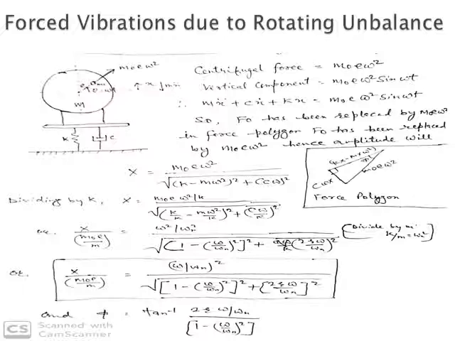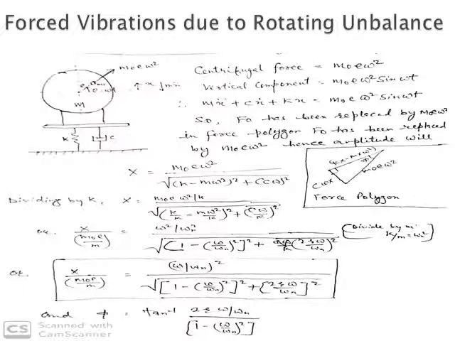Dividing by k, we get m0 e omega square by k. Similarly, k by m becomes omega n square, so it becomes omega by omega n, whole square.